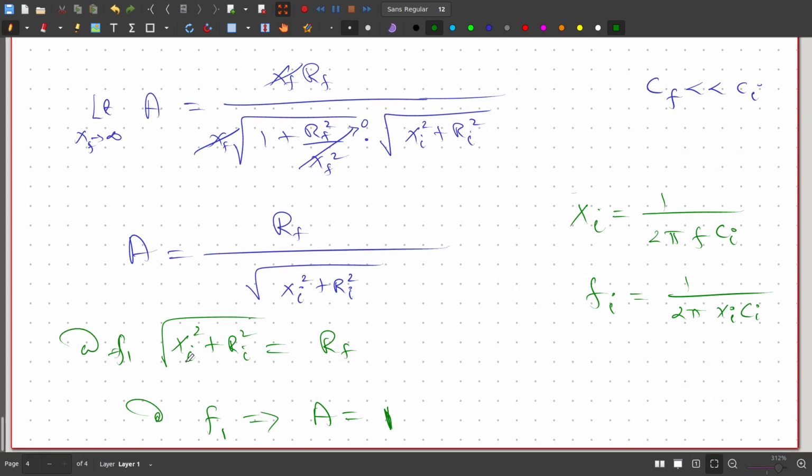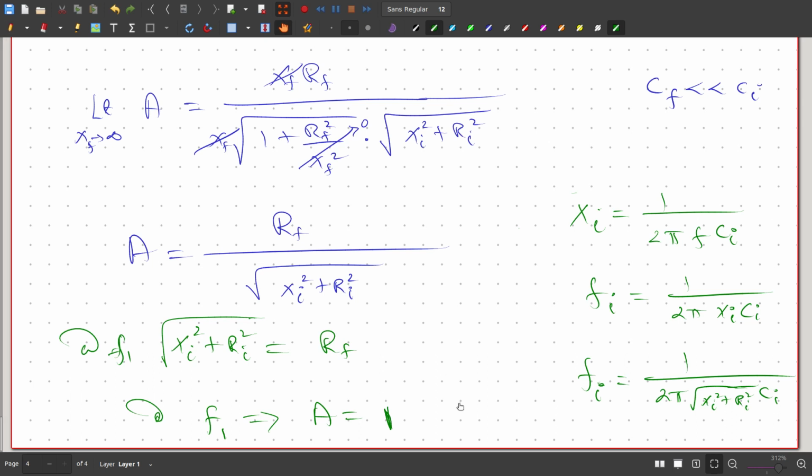So at this reactance, this frequency f is given by 1 by 2 pi. Instead of this reactance, we have this reactance, right? We have root of Xi square plus Ri square. Okay, that's the reactance.